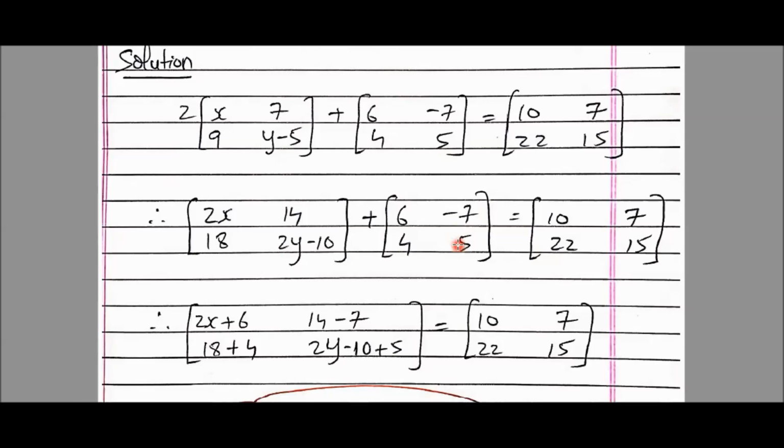What I have changed is this matrix. 2 multiplied by x is 2x, 2 multiplied by 7 is 14, 2 multiplied by 9 is 18, 2 multiplied by y minus 5, so be careful, 2 into y is 2y and 2 into minus 5 is minus 10. So 2y minus 10. Only this matrix has been changed.